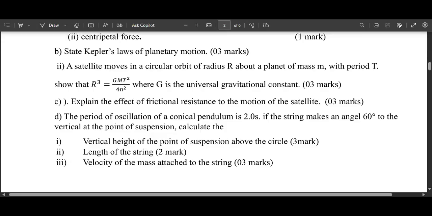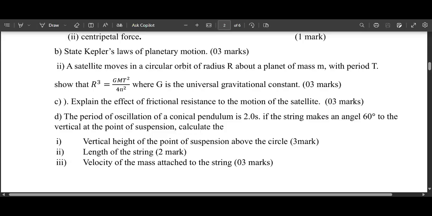So this is the same as mass of the satellite times omega squared, the angular velocity, times r. So we have GMm divided by r squared is the same as m omega squared times r. And here, small m is going to cancel out. So we have GM divided by r cubed is going to equal omega squared.